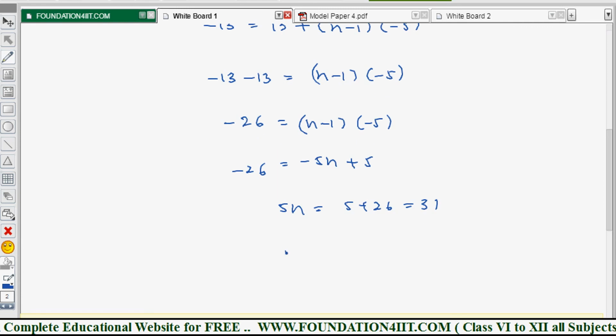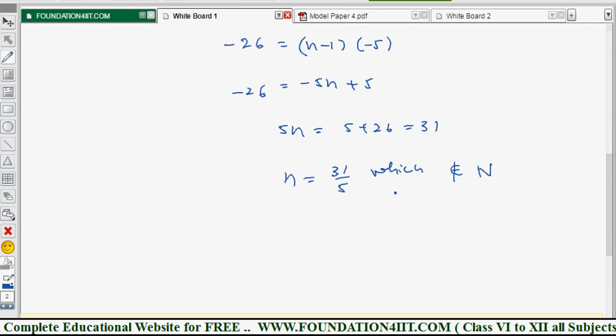Then N is equal to 31 by 5, which is not a natural number. N should be the numbers 1, 2, 3 and so on. So 31 by 5 is not a natural number, therefore minus 13 is not a term of the given sequence.